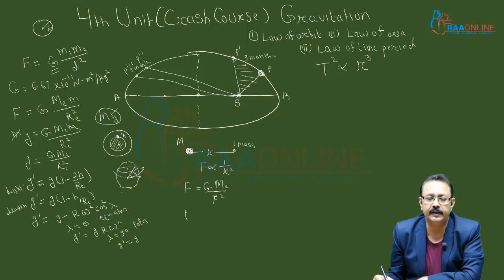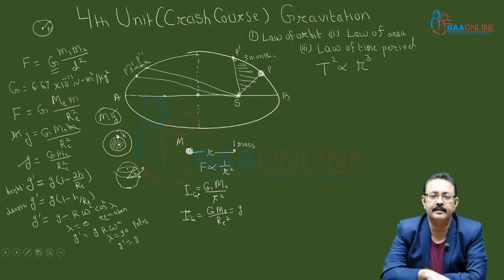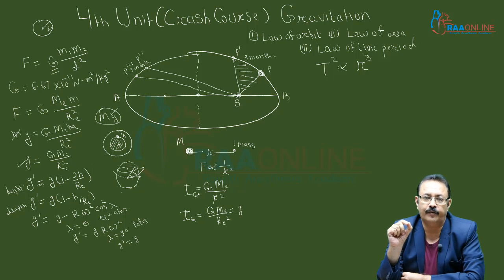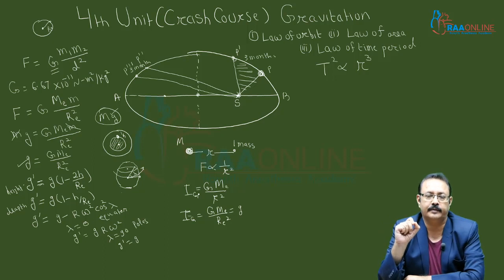We will say F is equal to G m by r square, and the intensity we can represent by I, the intensity due to the gravitational field, Ig. You can see it is the value of acceleration due to gravity, the same value we are getting here. So what is acceleration due to gravity? It is equal to the intensity of the gravitational field due to Earth at that point.